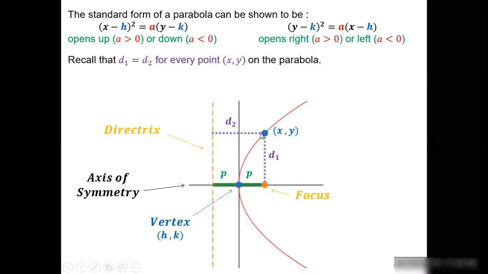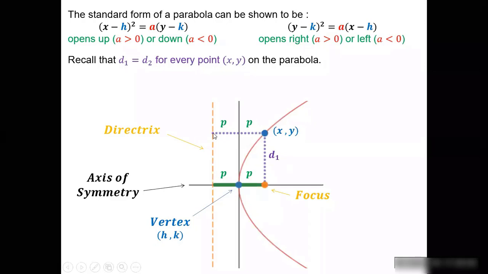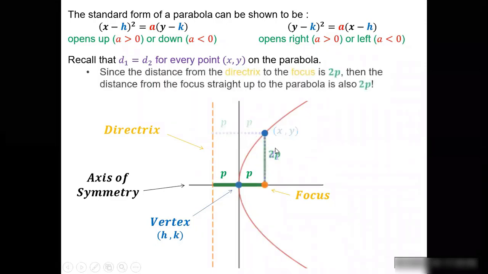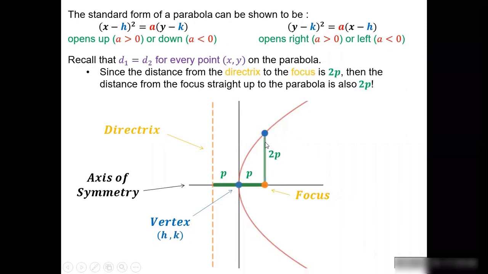Well, what we should recognize is that D2 is the same distance as the distance down here from the focus to the directrix. So that means that the distance from this blue point is 2p units from the directrix, which also means that this distance here is 2p units.